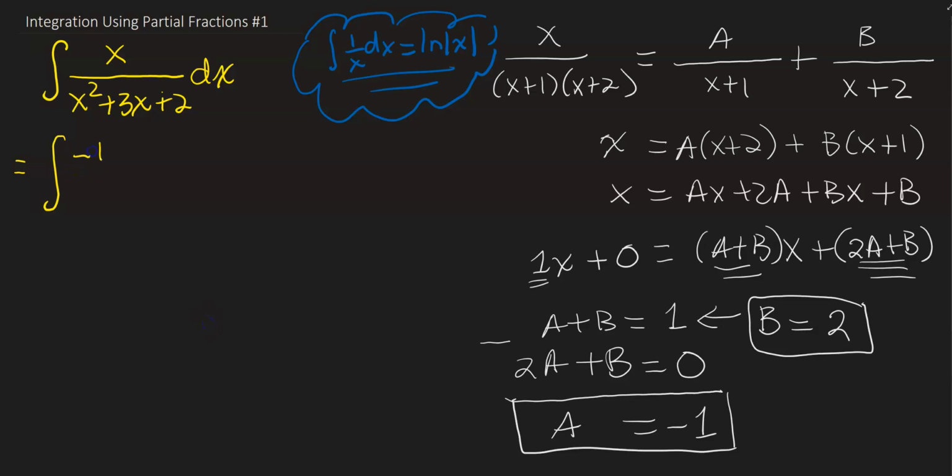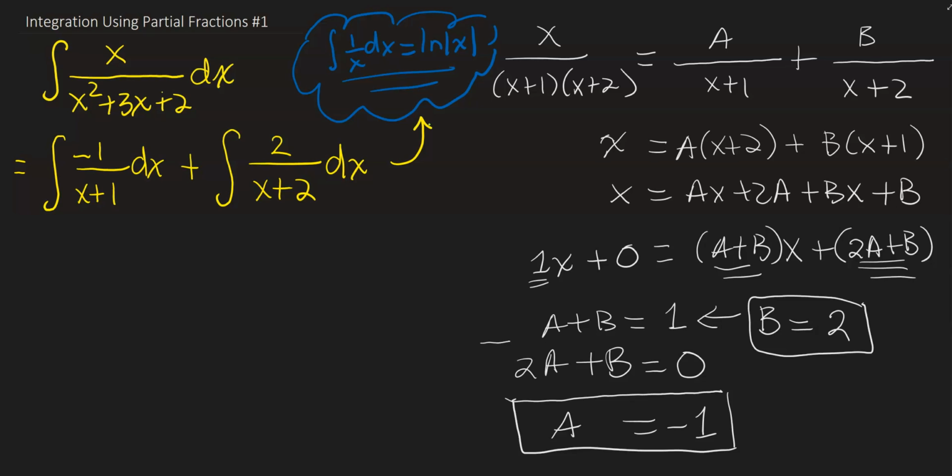A is -1 over x plus 1 dx, and the other fraction would be B, and that is 2 over x plus 2 dx. Now it looks like the form of 1 over x dx integral, right? So here we have -1 multiplied by ln of absolute value, and you really don't need to write -1.